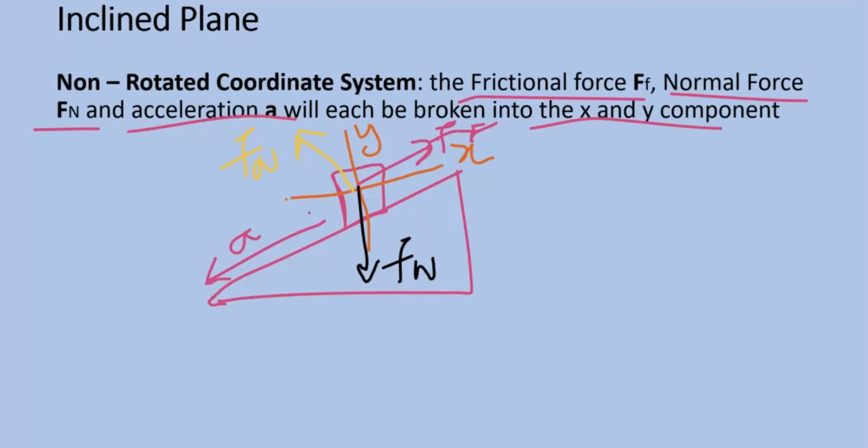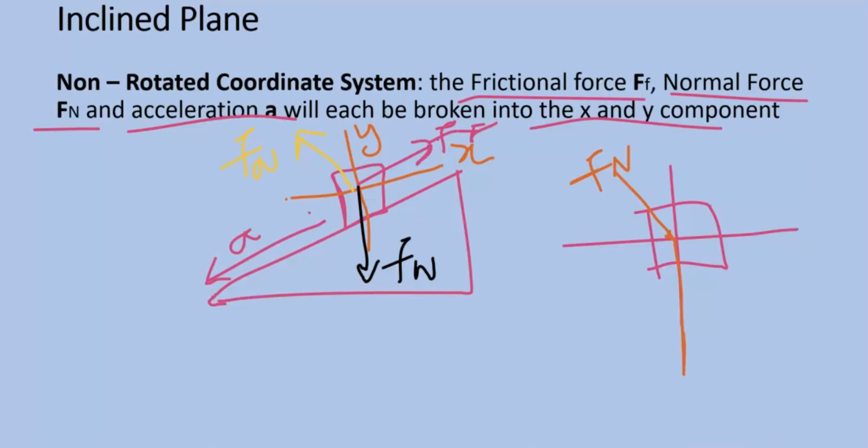So in this case, this is a non-rotated coordinate system. Let me draw it on a straight graph like this. Let's assume here is the object on the ramp. Just for more clarification, here is the F of n, the normal force.